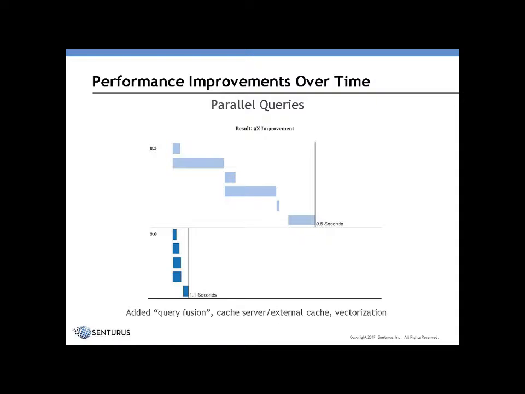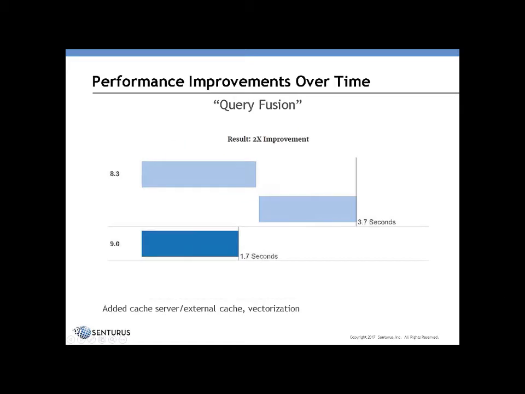Key among the performance improvements, they introduced parallel queries in version 9 that provide a 9x improvement, right? So rather than having to execute queries in serial and wait for one to finish, you can imagine that is a huge performance gain. Likewise, they introduced query fusion, which results in a 2x improvement.